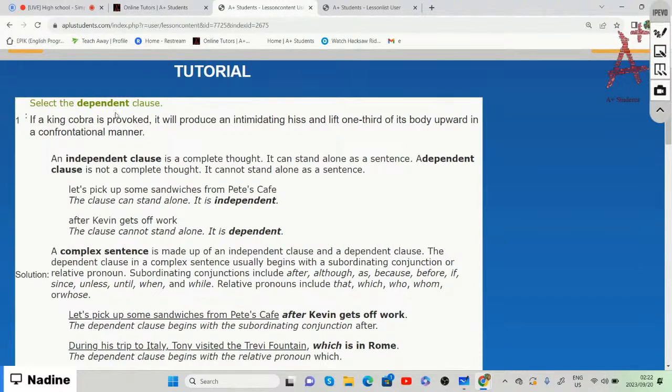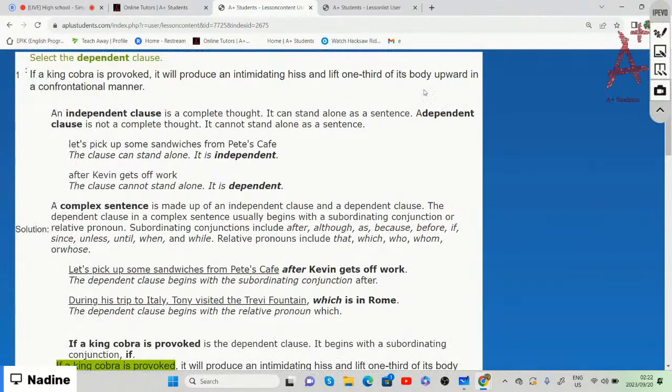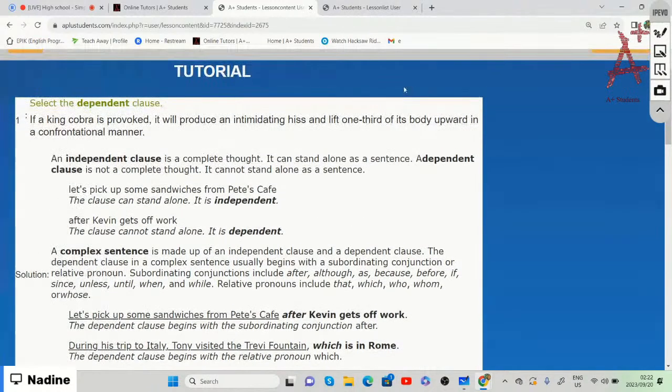So we need to select the dependent clause.